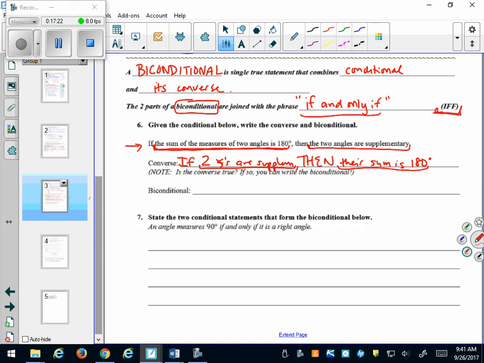So you can take this statement and start with that. The sum of two angles is 180. Okay? Don't start with if, start with the hypothesis. The sum of two angles is 180. Then we're going to insert the phrase if and only if.